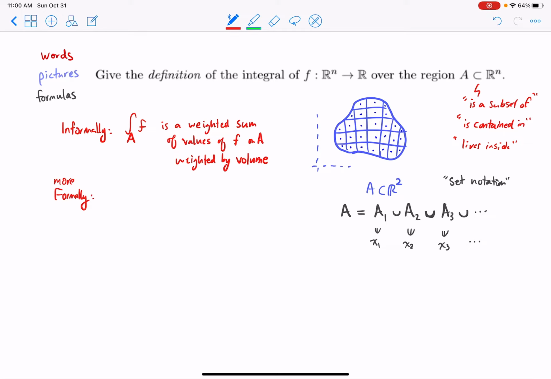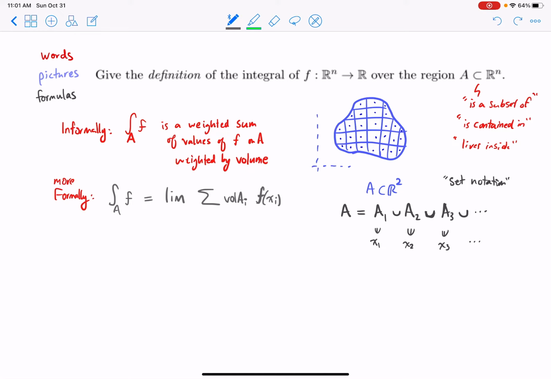Okay, now more formally, we can write in formulas that this integral, this is just some symbol that we can write, it'll be equal to, well, a limit of these sums. Now what are the sums? They're the volumes of the pieces times the value of the function f at a point that's on this piece, or somewhere inside this piece. So there's the xi. You can see it in the picture over here. But this is not enough.